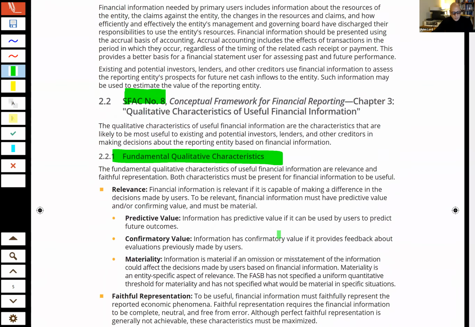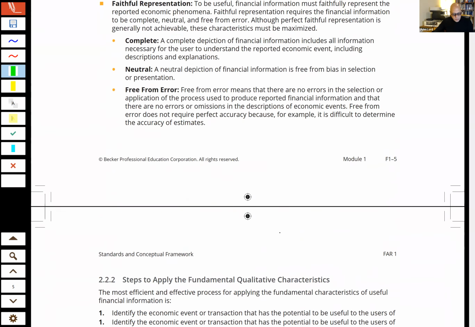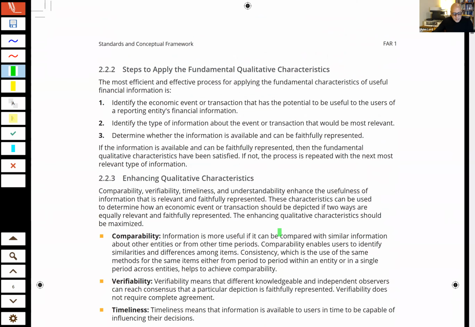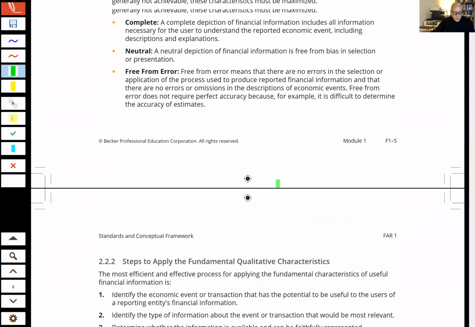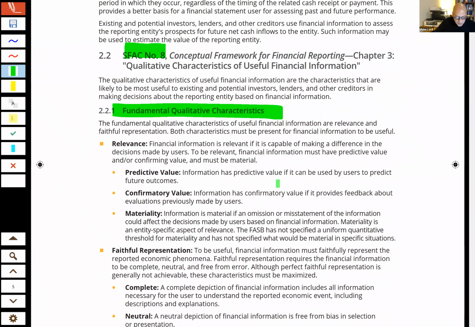I'm going to go back in a second, but they will also talk about enhancing qualitative characteristics. So you have fundamental, and then you have enhancing qualitative characteristics. They're saying, yes, we're preparing these financial statements for external users, primary users, investors, and creditors, but what will really make this information useful to them in their investment and credit decisions? Information should be relevant.